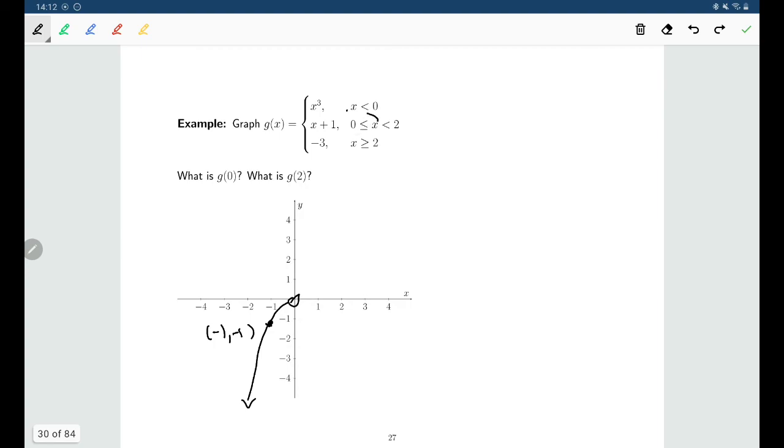But since for this part of the graph, x includes the 0 value, that means that when x is 0 and the y value is 1, that point, (0, 1), would be on my graph. We also know that this is a line with a slope of 1, so it would pass through the point (1, 2), and it would also pass through the point (2, 3).